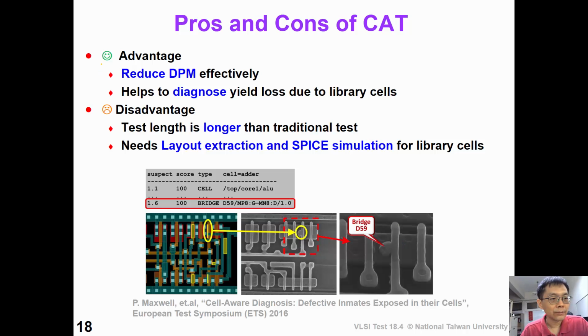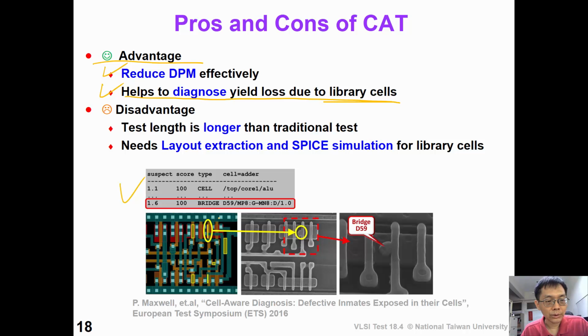So the advantage of cell-aware test is that we can reduce DPM effectively. And because we know the reason, the corresponding fault detected by cell-aware test, it can help to diagnose our yield loss problem due to library cells. Here we show an example.